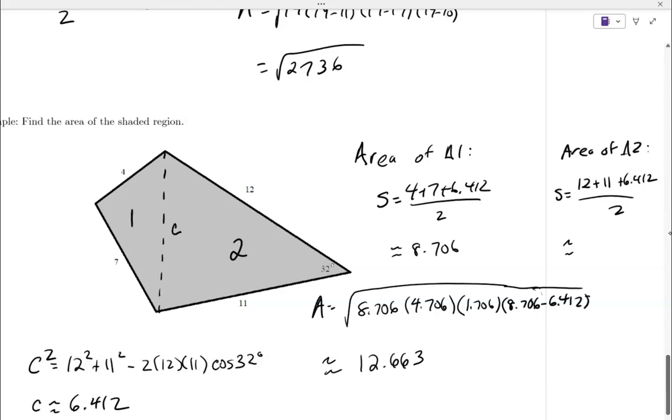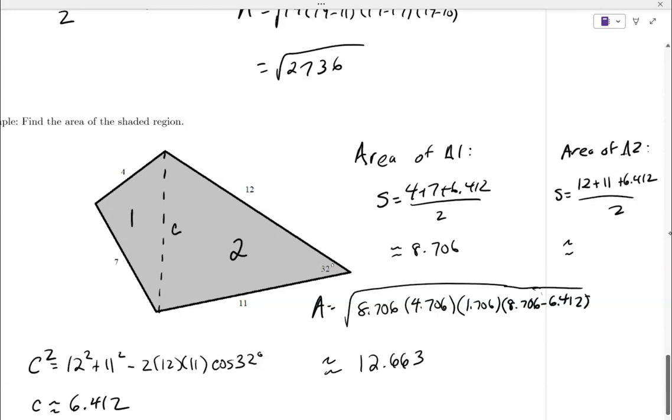Sine of pi over 6 is 1/2, right? So if I do 1/2 times 1/2, that gives a quarter, times 12 is 3, times 11 is 33.